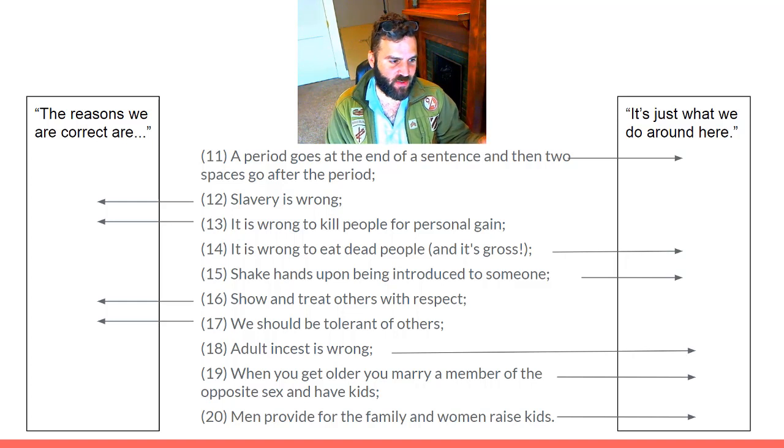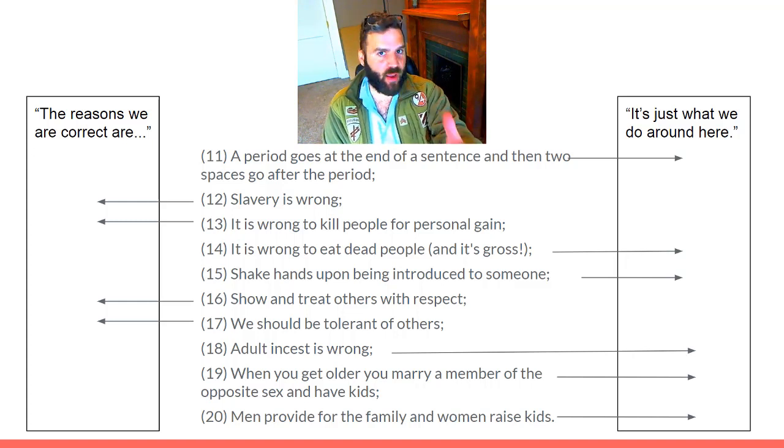The problems with these last ones are more when those sorts of standards get enforced on people who don't want to follow tradition. It seems like anything on that right column that says it's just what we do around here is not the sort of thing you should be able to enforce on somebody who is unwilling. Whereas on the left side, there are reasons why we were correct. Slavery is wrong.